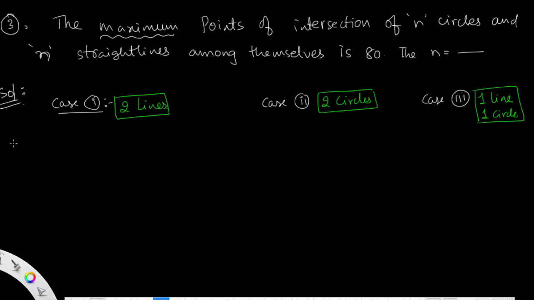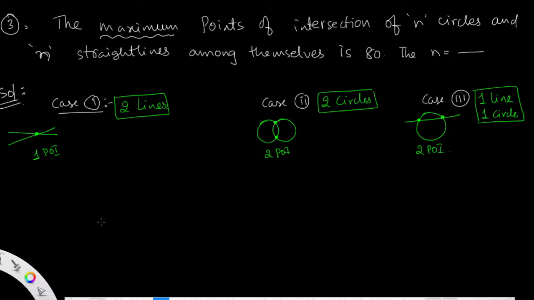If we take 2 lines, how many points of intersection can we get? Only one point of intersection. If it is 2 circles, we can get 2 points of intersection. And with one line and one circle, no matter how we draw, we get only 2 points of intersection.